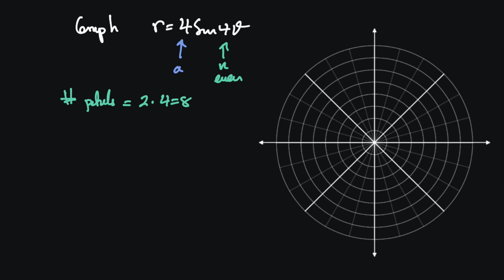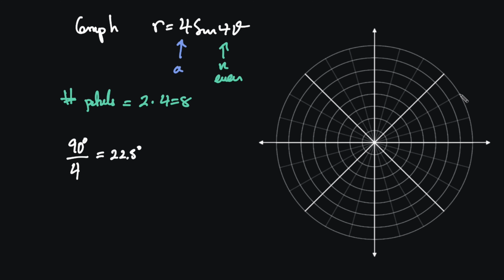So, since we're dealing with sine, we know that it's going to be here in the first quadrant of our polar grid. So we're going to take 90 degrees and divide it by n to know where our first petal is going to start. So 90 divided by 4 is 22.5 degrees. So our first petal is going to be at 22.5 degrees.